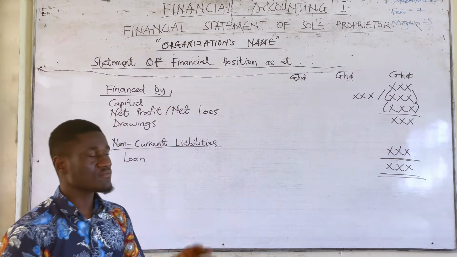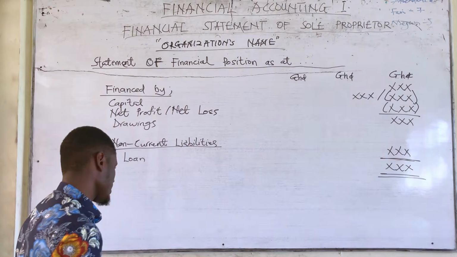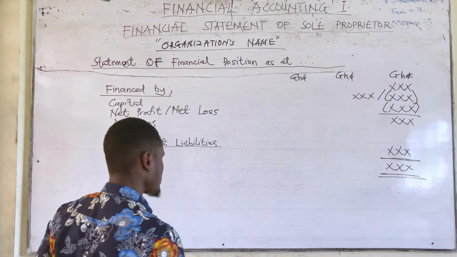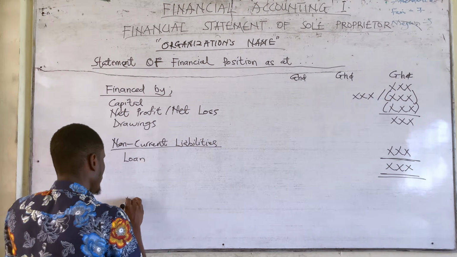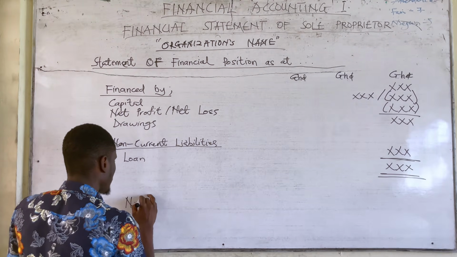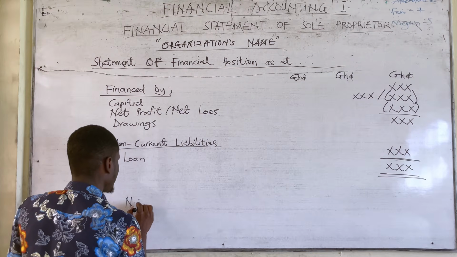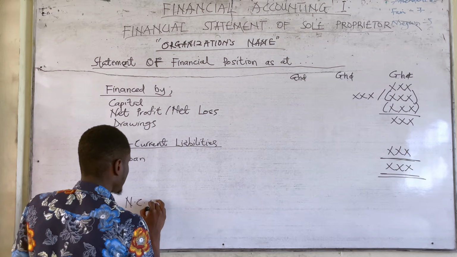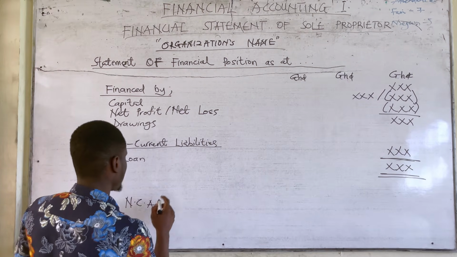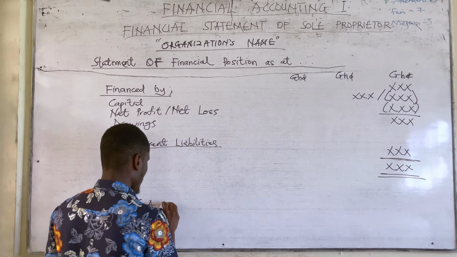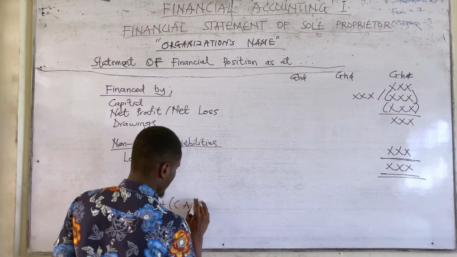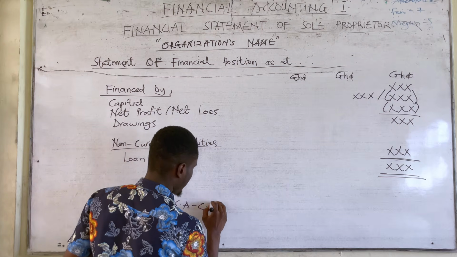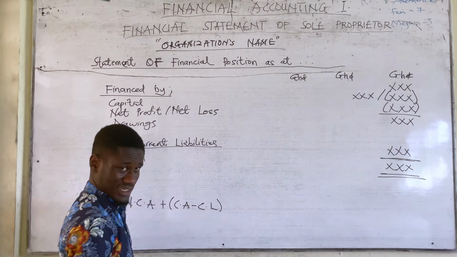Okay, you see we added our non-current assets. Good. So we are done with the statement of financial position. So this is how it looked. We added non-current assets, then we left it there, plus current assets minus our current liabilities, like this.